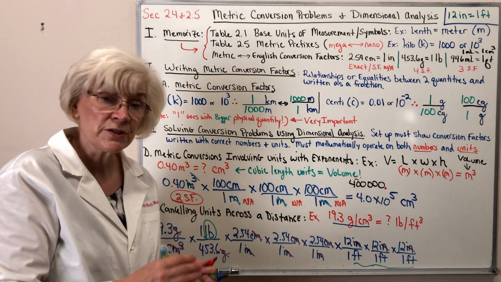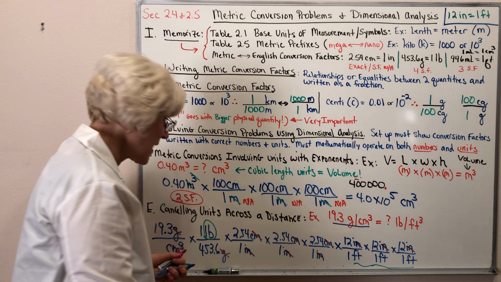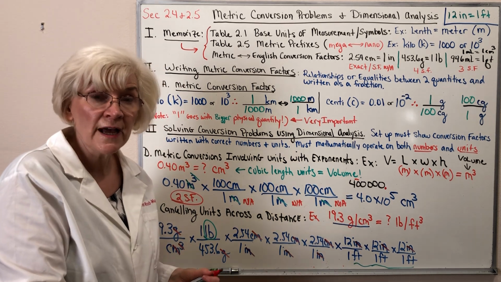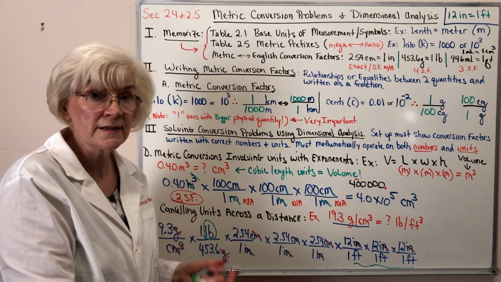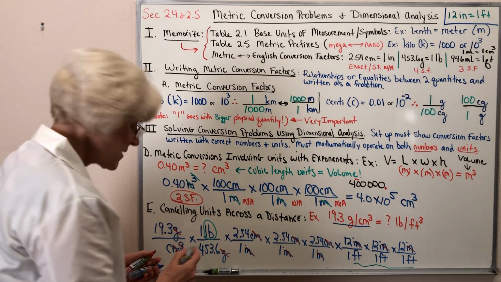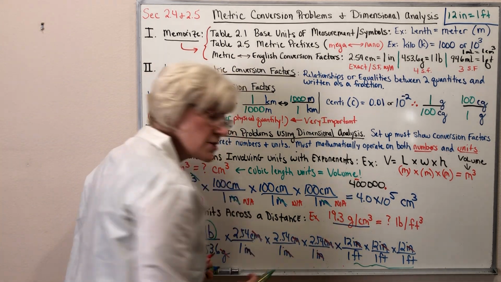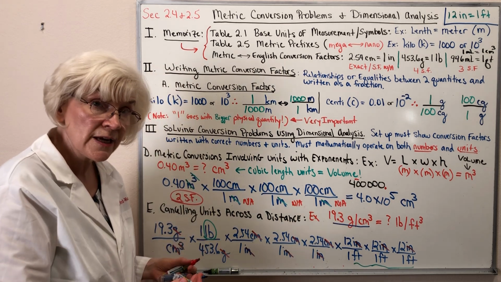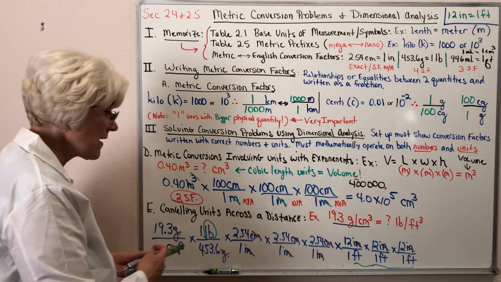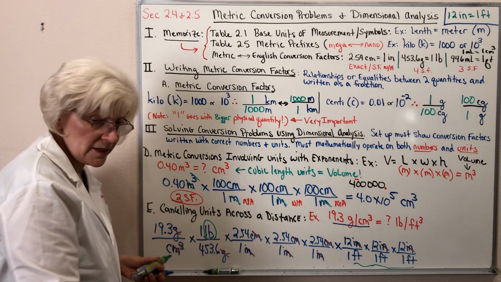The only thing left to do is operate on the numbers in the setup and express our final answer with the correct sig figs and the correct units. So I'm inviting you to pause this video, while you do the calculation yourself and express your answer and compare it with the answer that I have calculated.